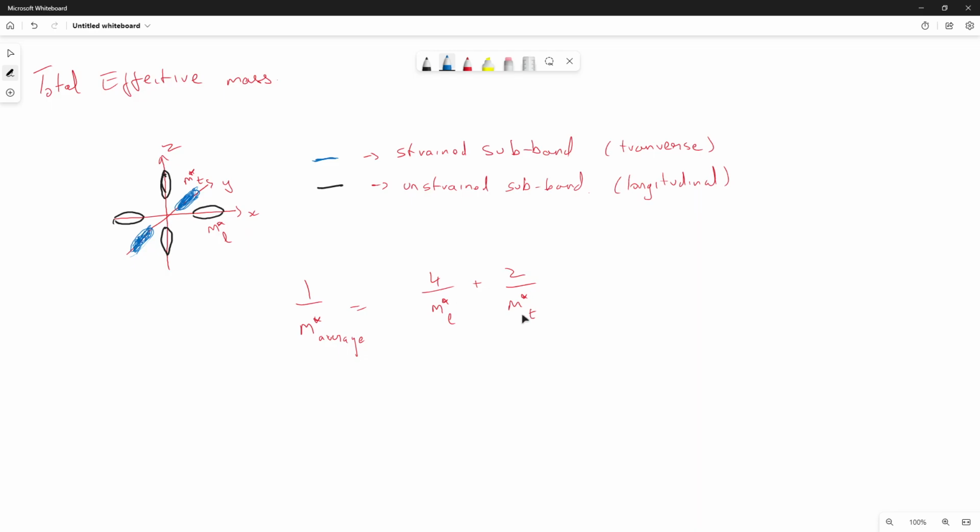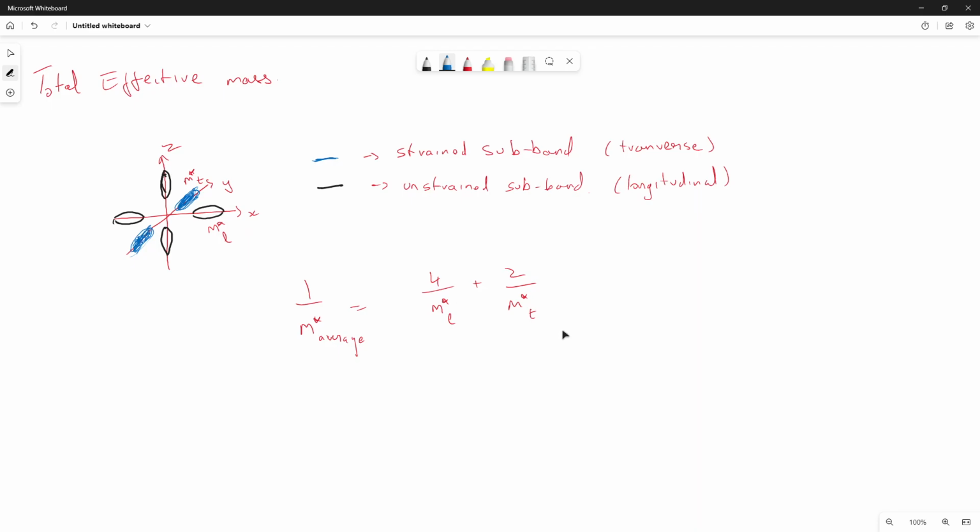Yes, sir. Now, what will happen if M transverse in this formula is larger than ML? Let us say M transverse tends to infinity.